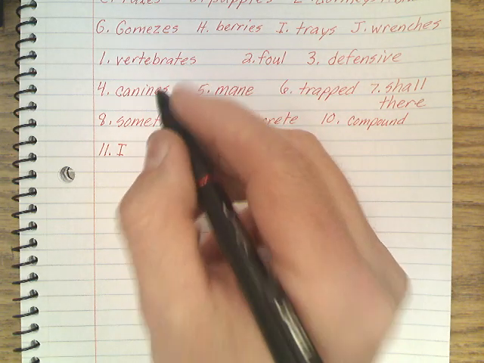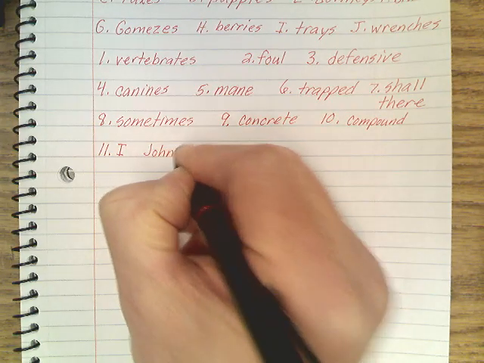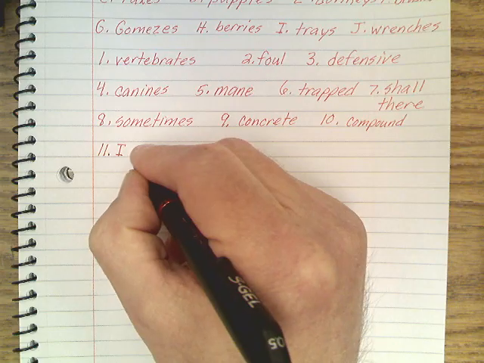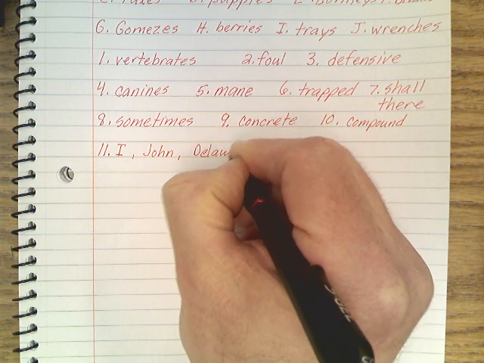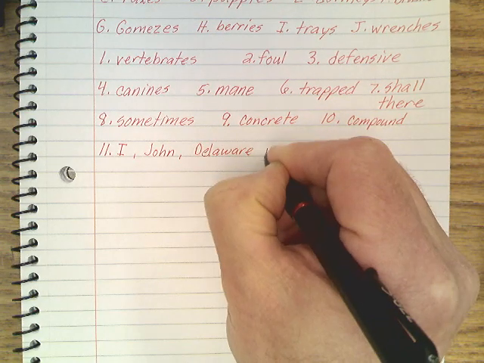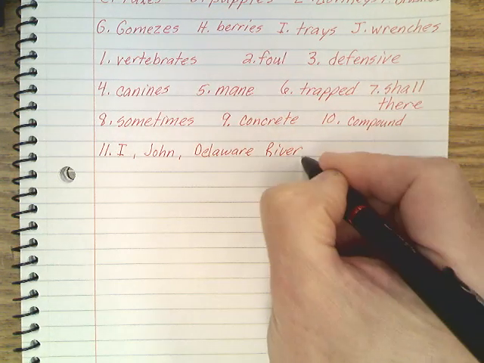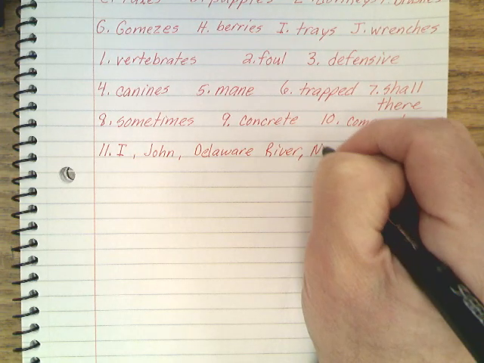Yes, I think John, a person's name, lives near the Delaware River. Delaware River. Okay, that's one, so the comma goes after that. In New Jersey, the state of New Jersey.